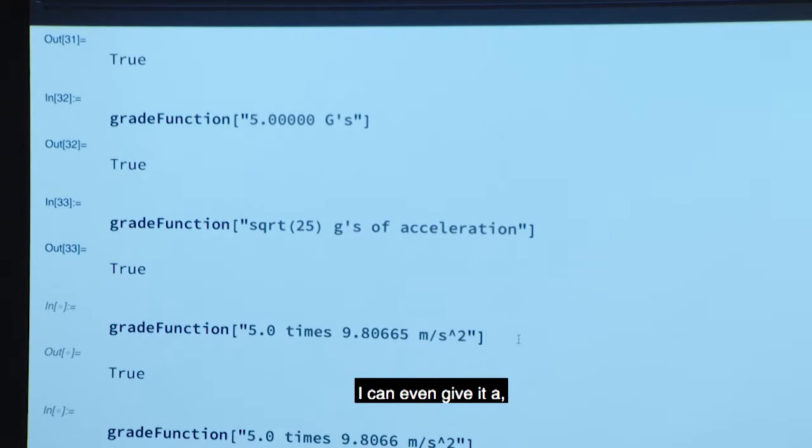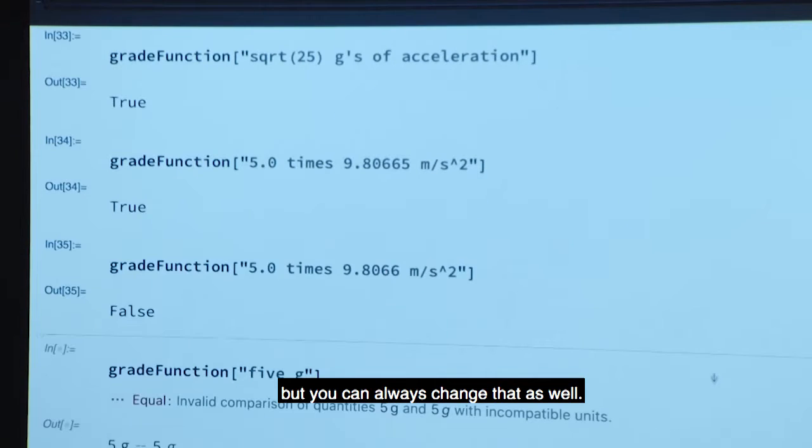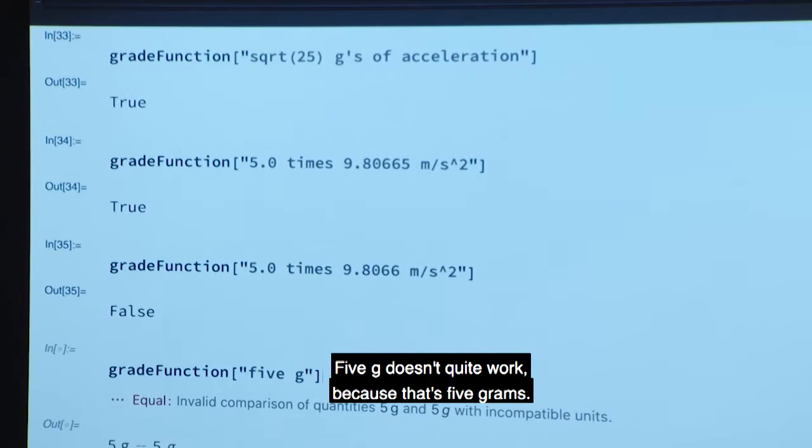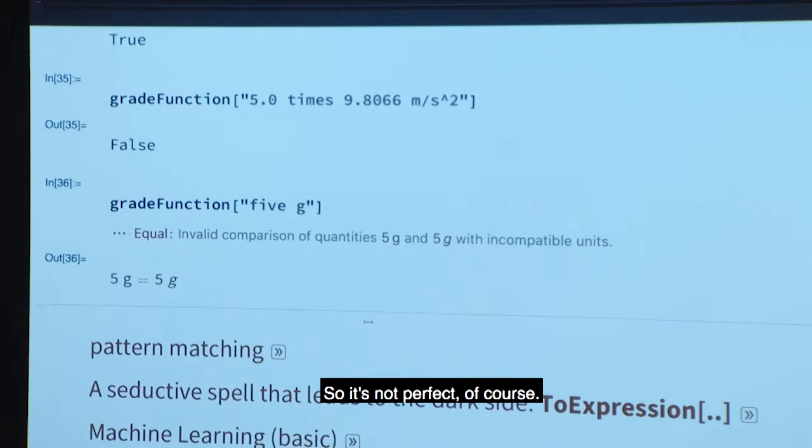I can even replace Gs with 9.80665 meters per second squared. Although if I'm a little bit off in the 5th decimal place, it'll no longer think it's correct, right? So that's the numerical accuracy, but you can always change that as well. 5G doesn't quite work because that's 5 grams. So it's not perfect, of course.